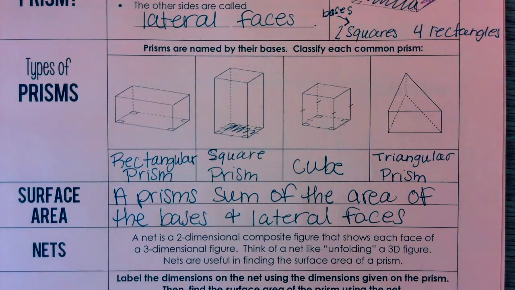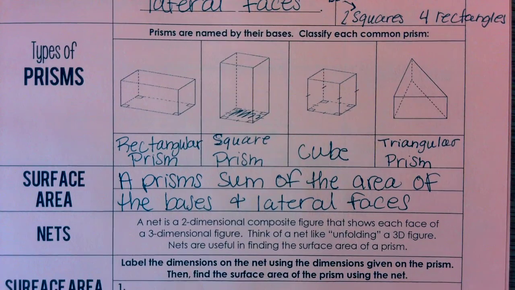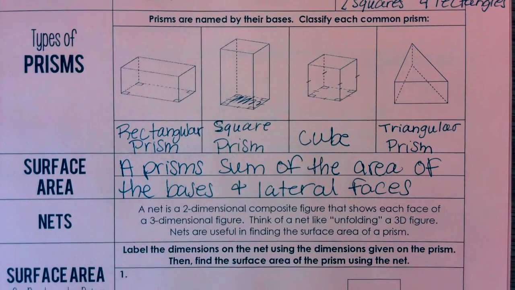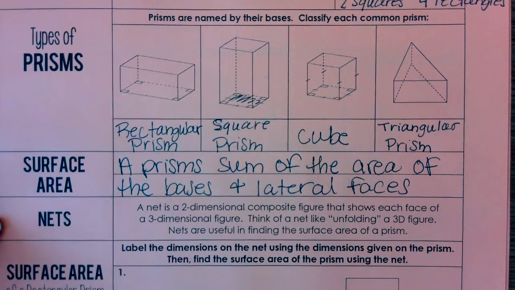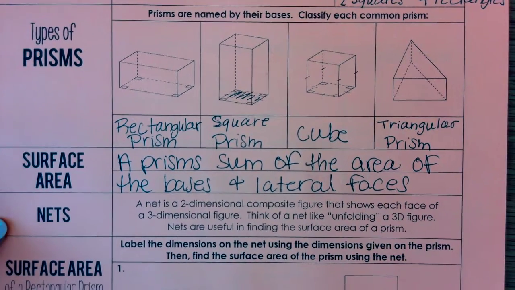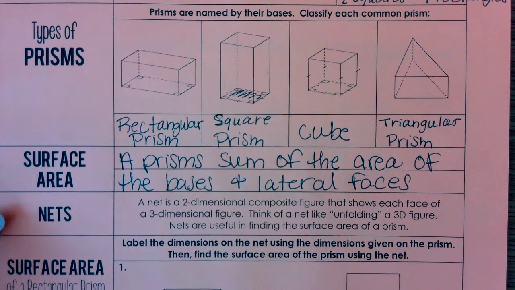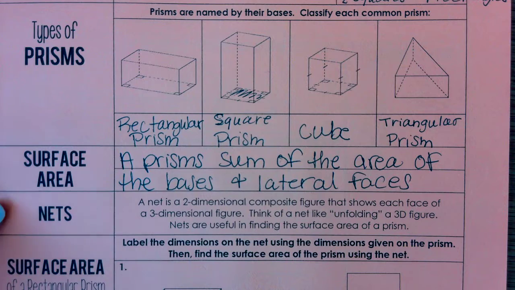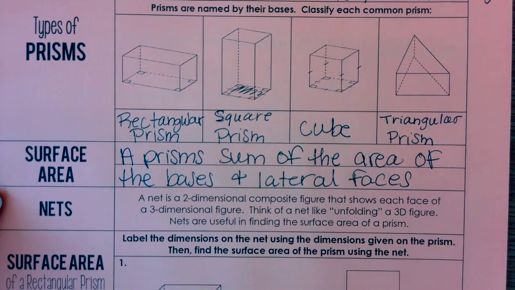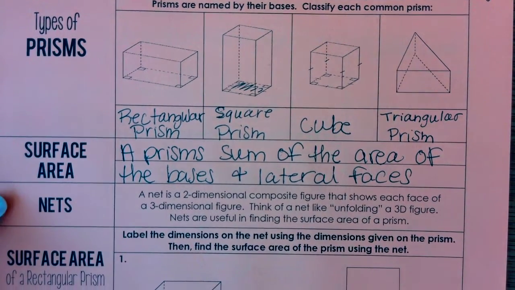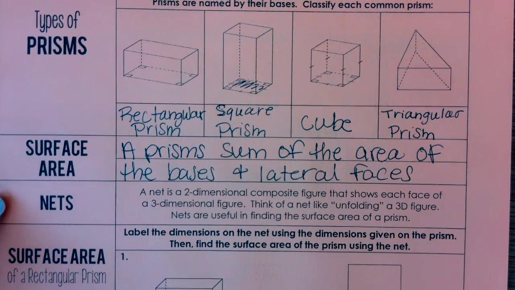Okay, so a prism sum of the area of the bases and the lateral faces. Nets. A net is a two-dimensional composite figure that shows each face of a three-dimensional figure. Think of a net like the unfolding of a 3D figure. Nets are useful in finding surface area of prisms.